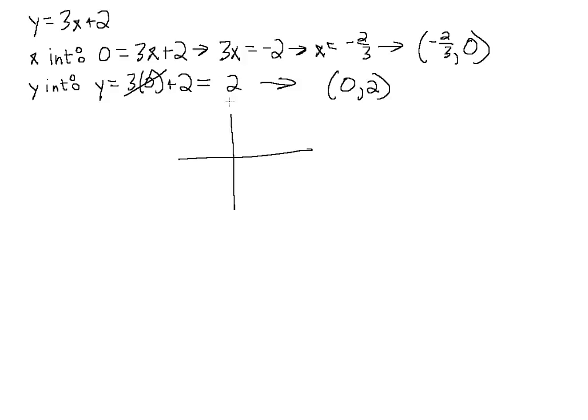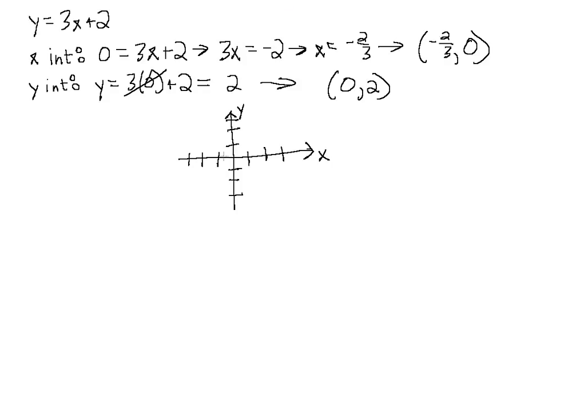So here's our graph. Let's go 1, 2, 3, 1, 2, 3. We shouldn't need a very big graph here. This is our x-axis, and this is our y-axis. Okay, so we have 2 points. Our x-intercept is minus 2/3 and 0.